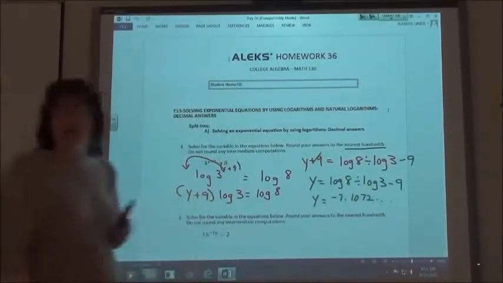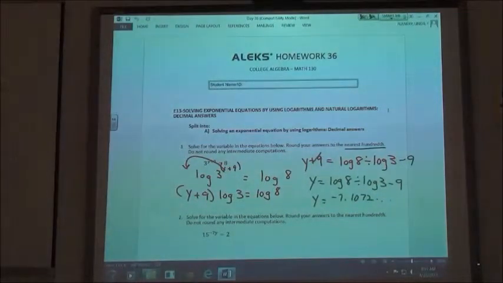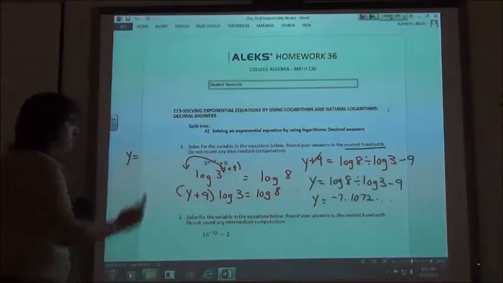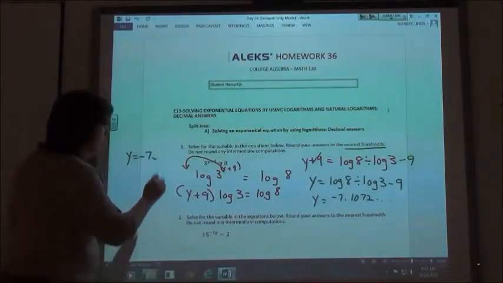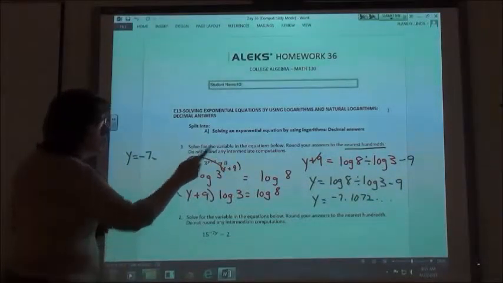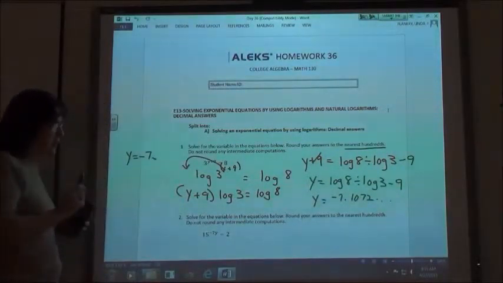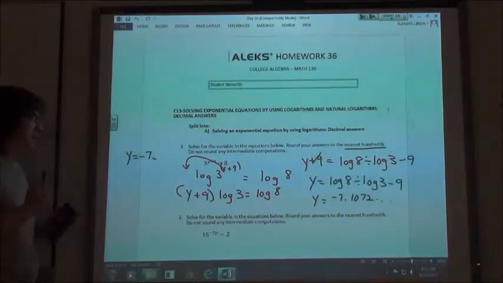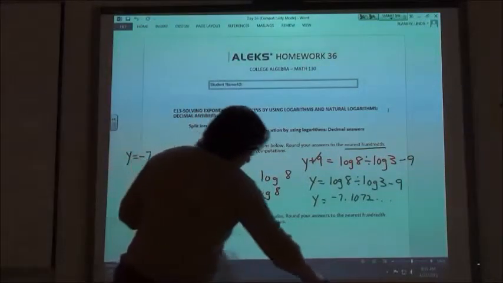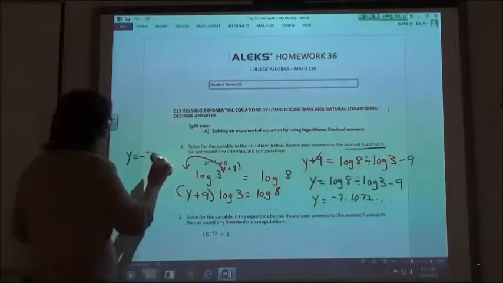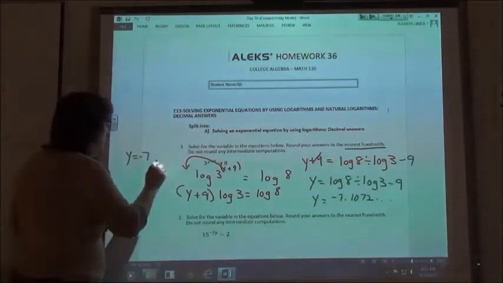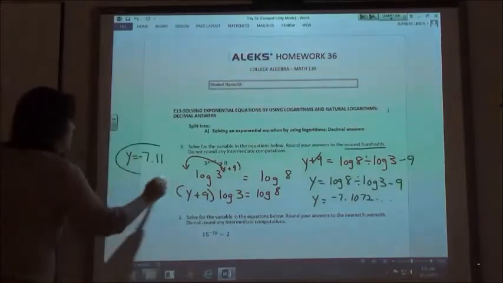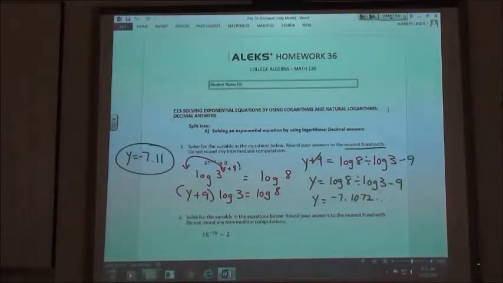If I round that to the nearest hundredth, then what am I going to use for my answer? Negative 7.11, yep. Negative 7.11 is rounded off to the nearest hundredth, right?